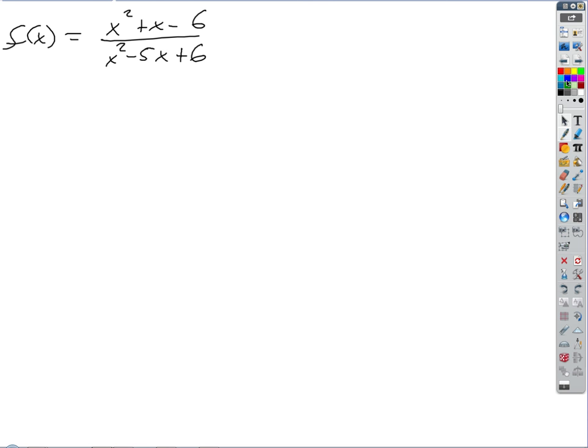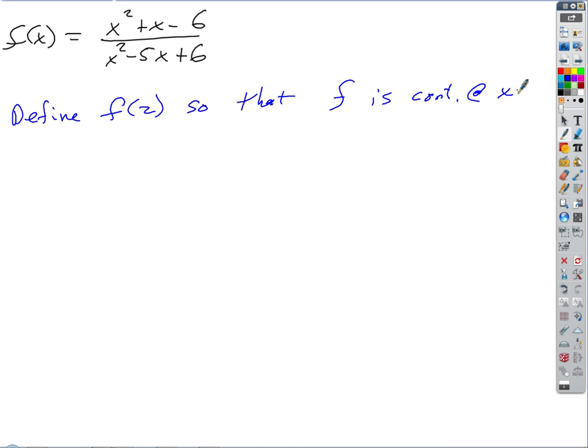So once again, the goal here is we want to define f of 2 so that f is continuous at x equals 2. All right, so as of right now, we have a hole there, correct?